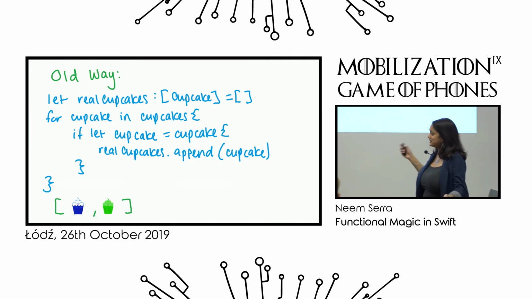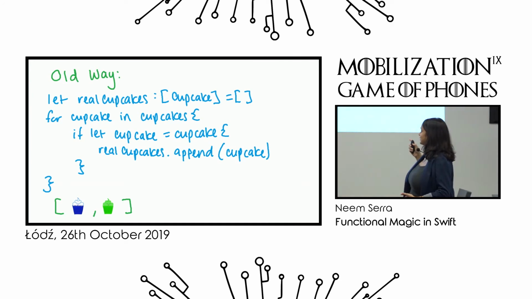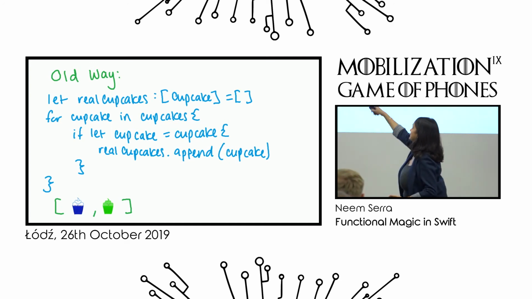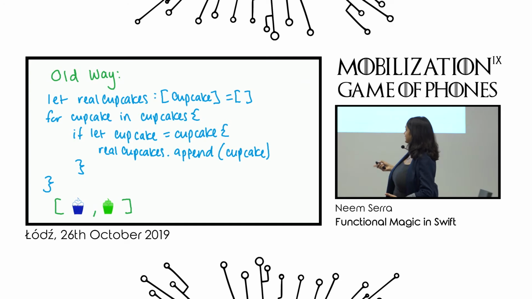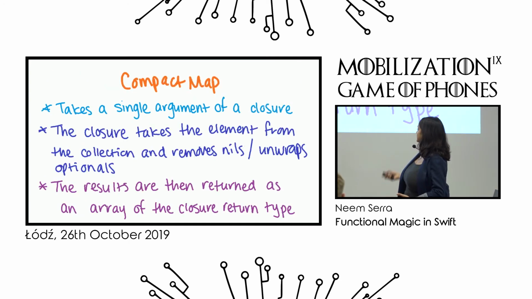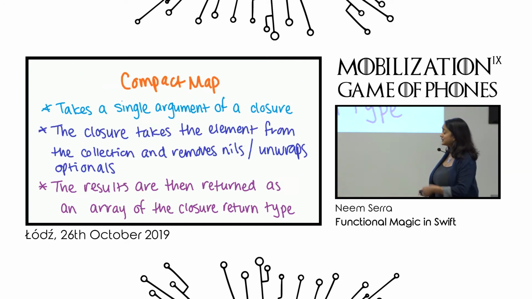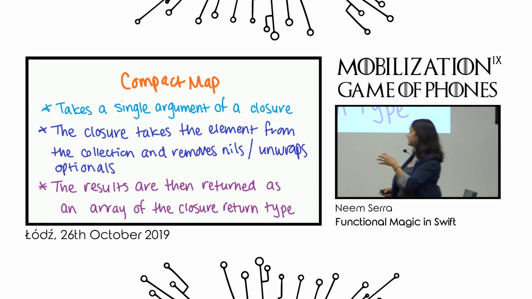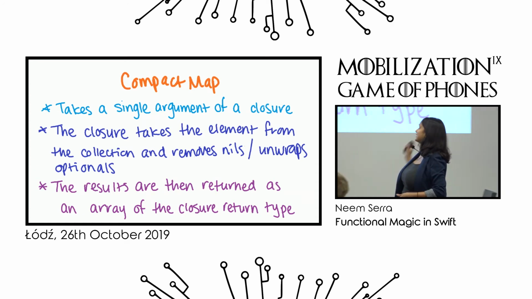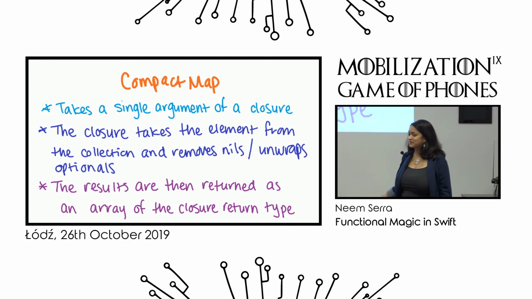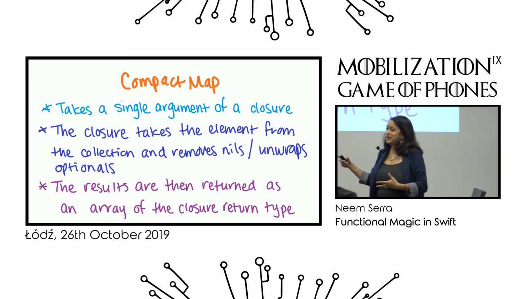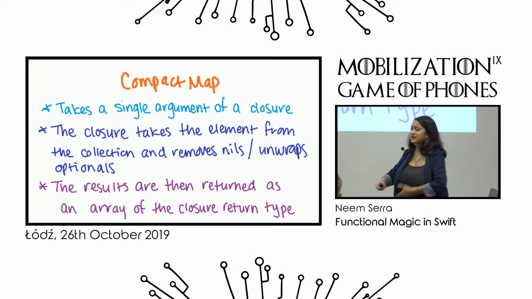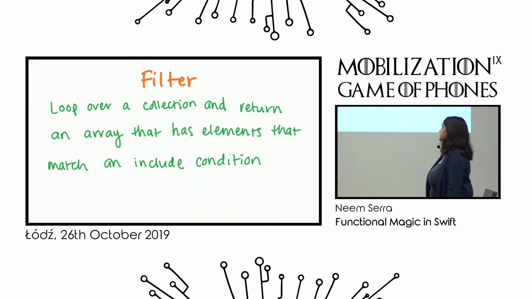I'm taking out the optional on the flat, but it's a lot longer than the one-liner. I don't have a slide with the one-liner, but it's a lot longer than just saying compact map. So again, all of these slides at the end are very similar to map. Compact map just also takes out nils and removes optionals.